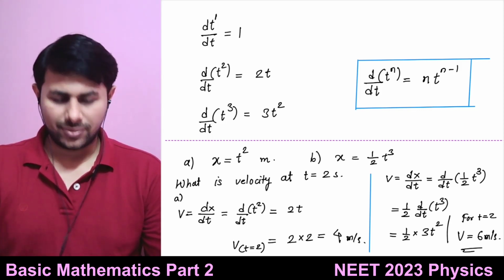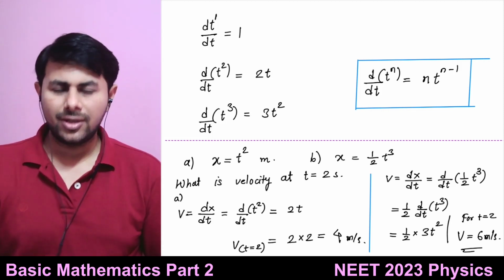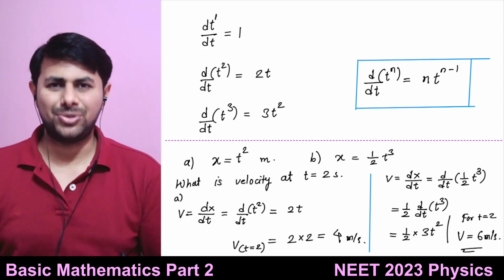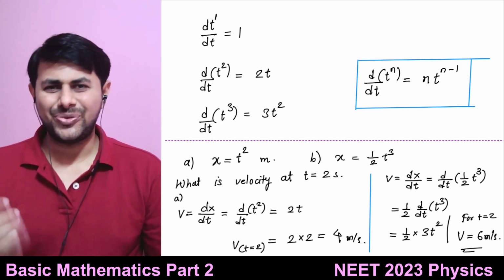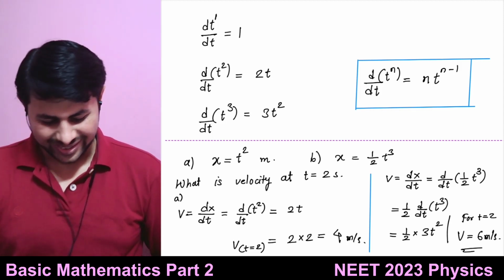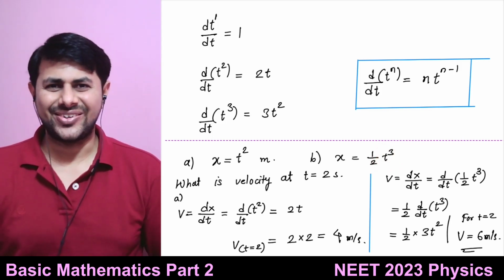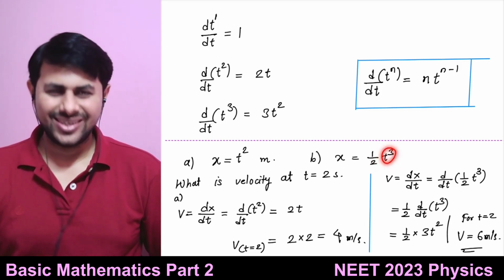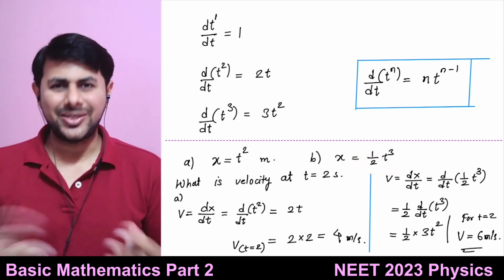It is the derivative of position with respect to t. So first find the derivative, then substitute the value. If you first substitute t equals 2 here itself, then it becomes 8 by 2, and this is no longer a function.